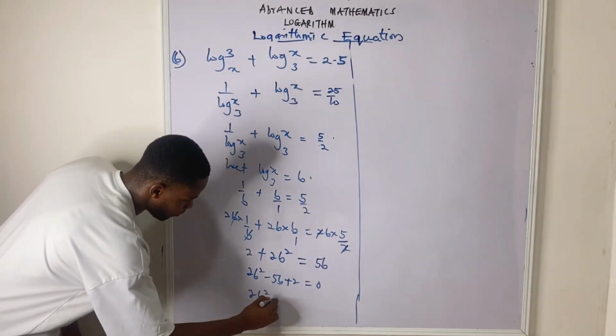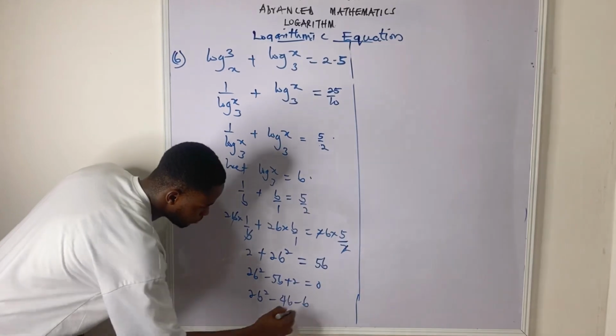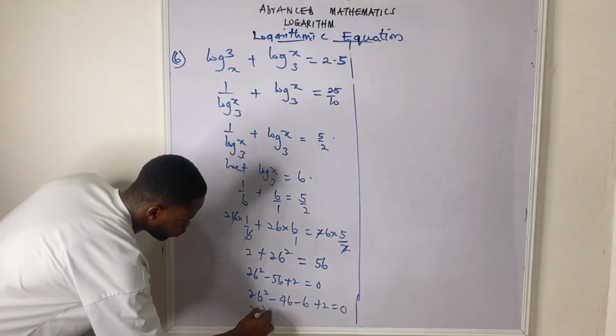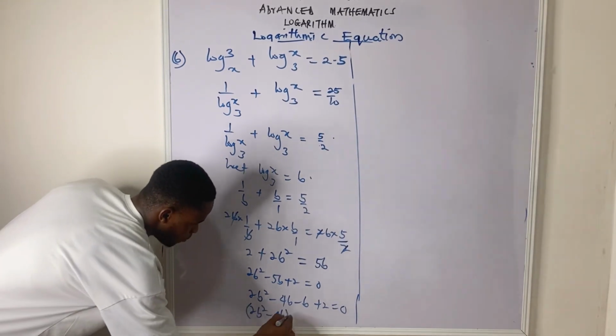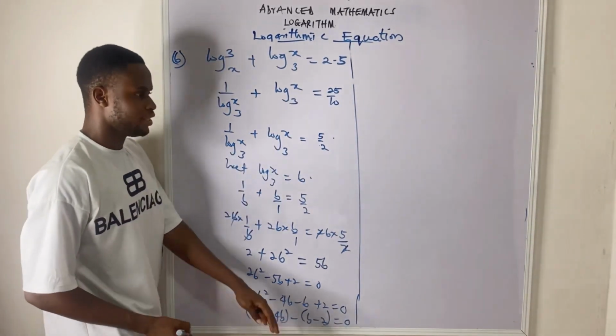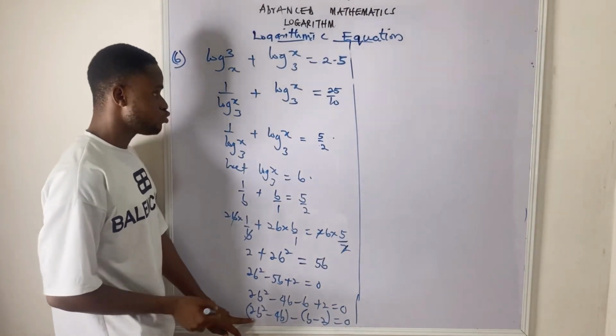So we are having 2b squared minus 4b minus b plus 2 equals 0. And factorize by grouping. So we are having 2b squared minus 4b grouped, minus b minus 2 grouped, equals 0. And take out the common factor. The common factor here is 2b.